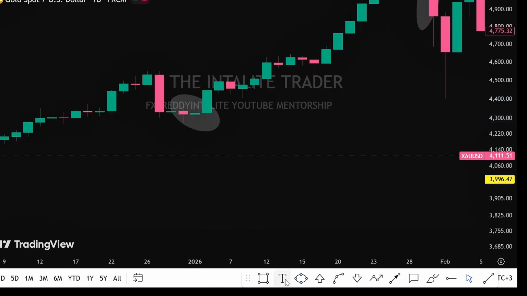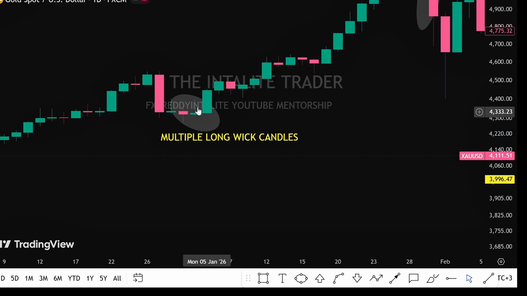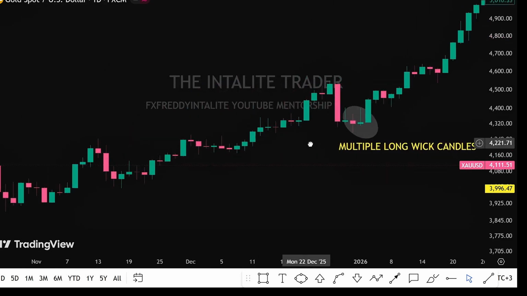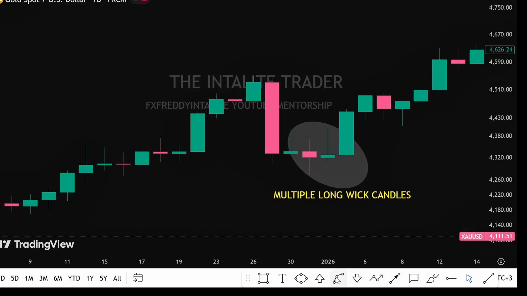These are multiple long wick candles. This is a momentum candle.